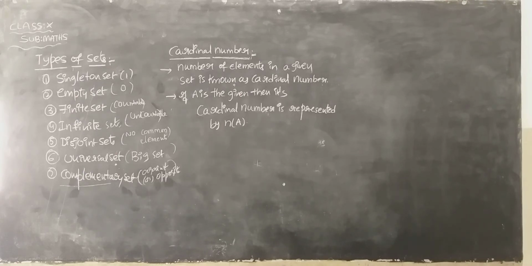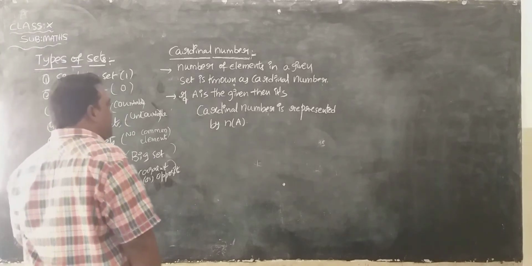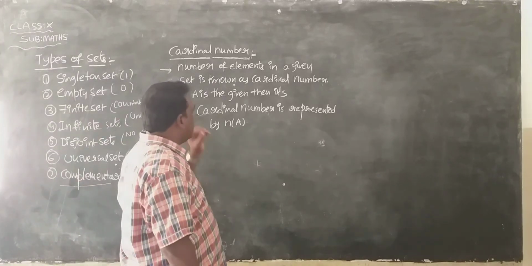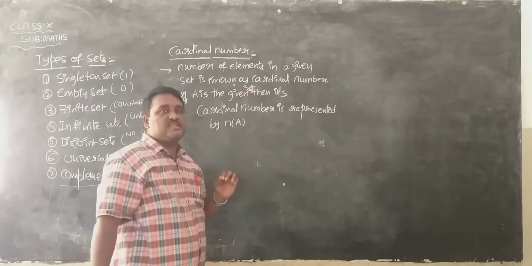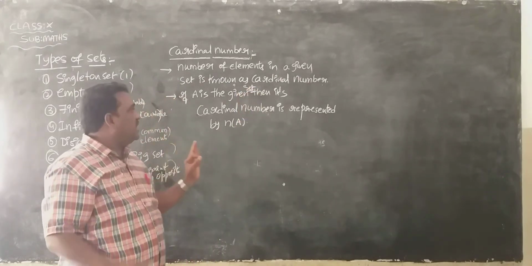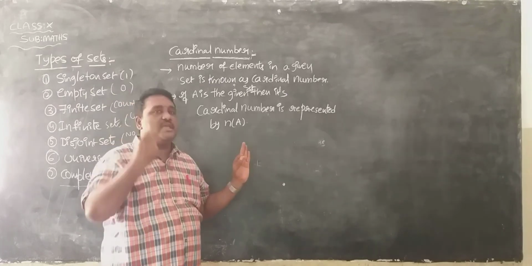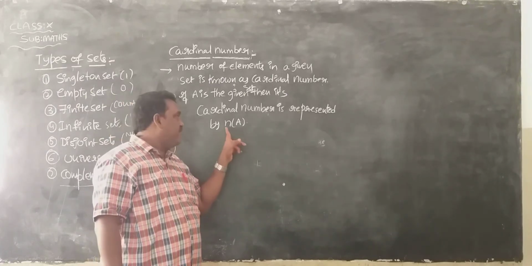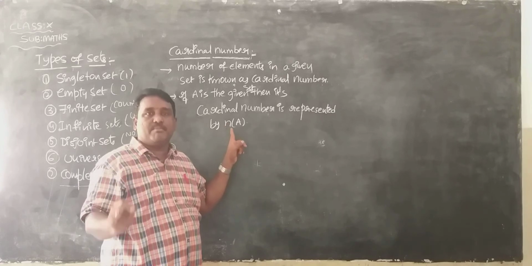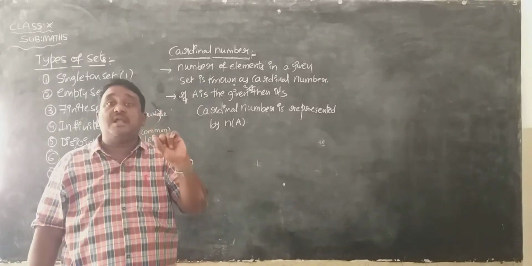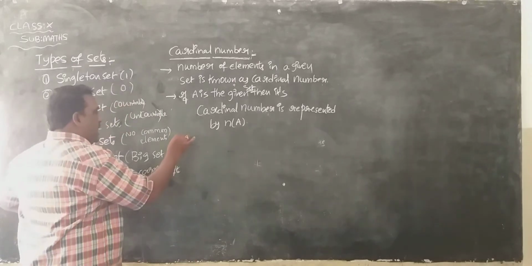So if A is the given set, then its cardinal number is represented by n of A. N for number of elements. N is what? Cardinal number.